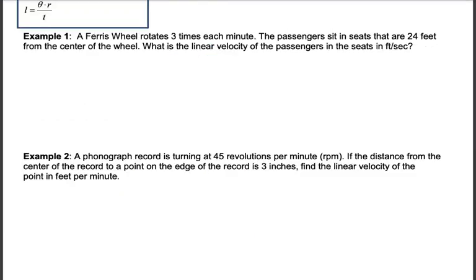Okay, a Ferris wheel rotates 3 times each minute. So you're going to go in a circle 3 times in a minute. That means you're going to go 3 full circles in 1 minute. Remember that a full circle is 2 pi if we're talking about radians, and we're going to do that 3 times.